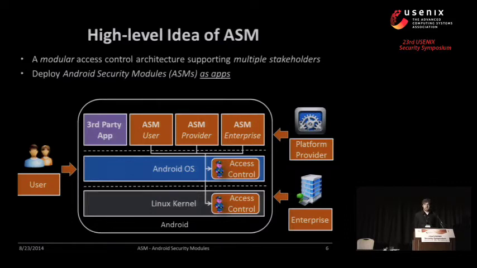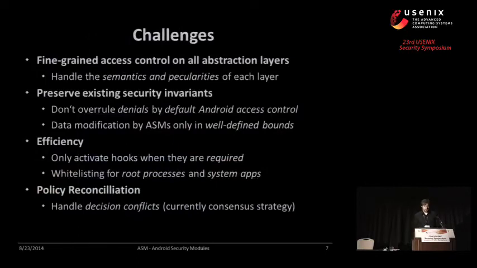To design and implement this architecture, several challenges had to be tackled. First, the Android security modules framework provides fine-grained access control on all abstraction layers of the operating system, and thus has to handle the different semantics and peculiarities of each of these layers. Furthermore, the framework preserves existing security invariants on the operating system.